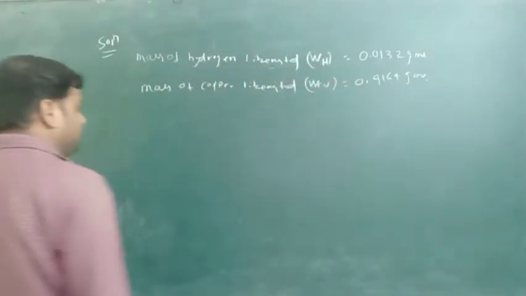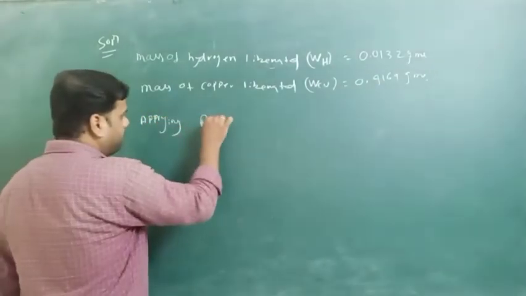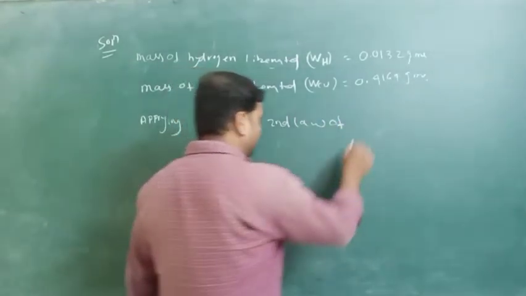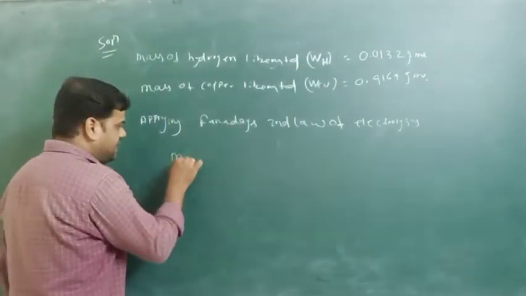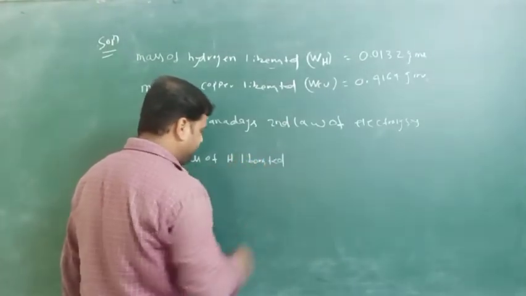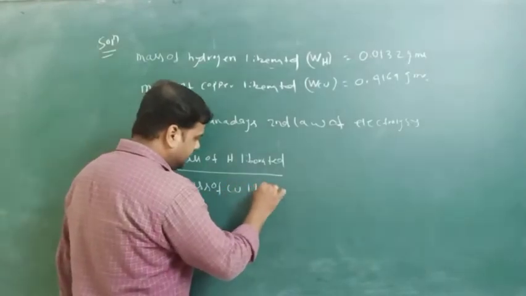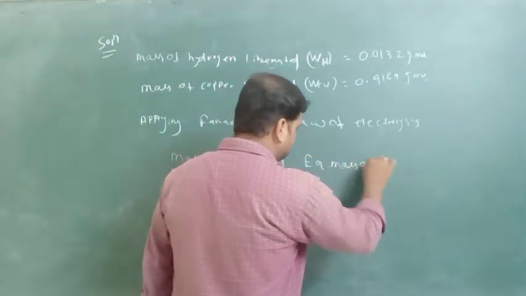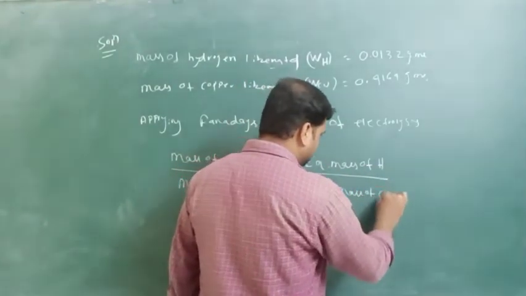By applying Faraday's second law of electrolysis, the mass of hydrogen liberated divided by the mass of copper liberated is equal to the ratio of the equivalent mass of hydrogen and the equivalent mass of copper.